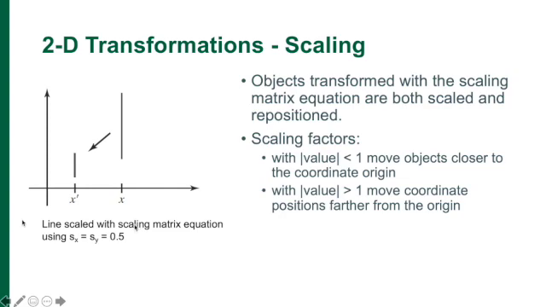In the example to the left, we can see that this line is scaled by 0.5. This is a uniform transformation. So x will be reduced closer to the origin, and y also will be closer to the origin, this point. And at the same time, the line is scaled by a half.